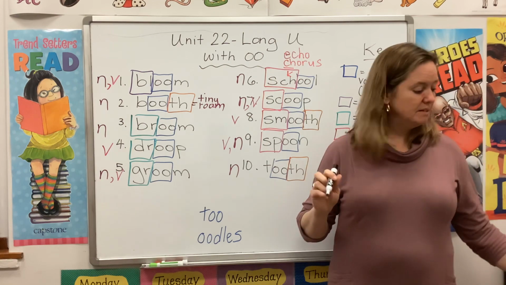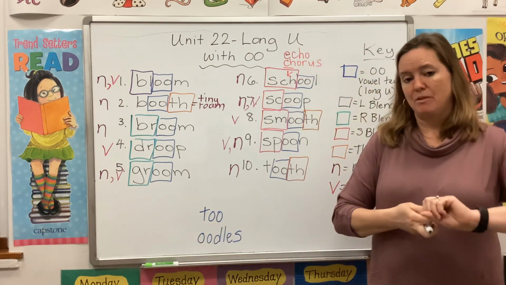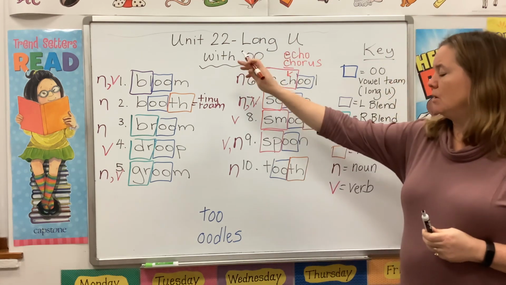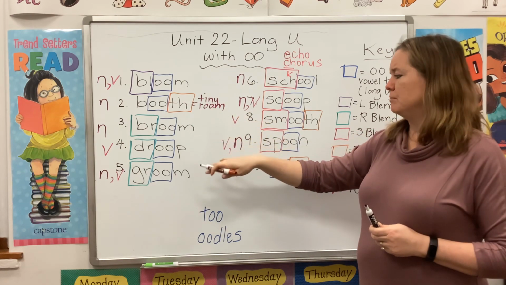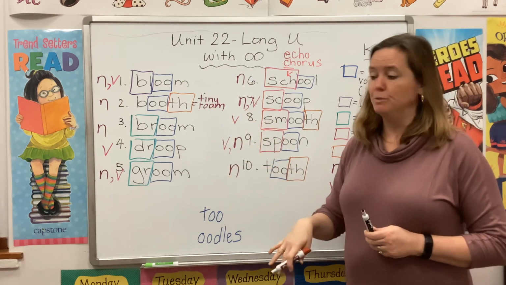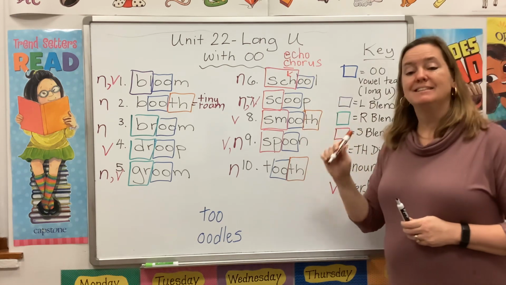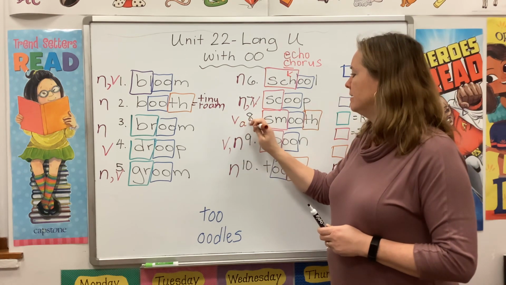And the last part of speech I want to talk about is adjectives. Do you remember those? Those are describing words, right? So you can't be very bloom, very booth, very broom, very droop, or very groom. You can't be very school or very scoop, but something can be smooth, right?